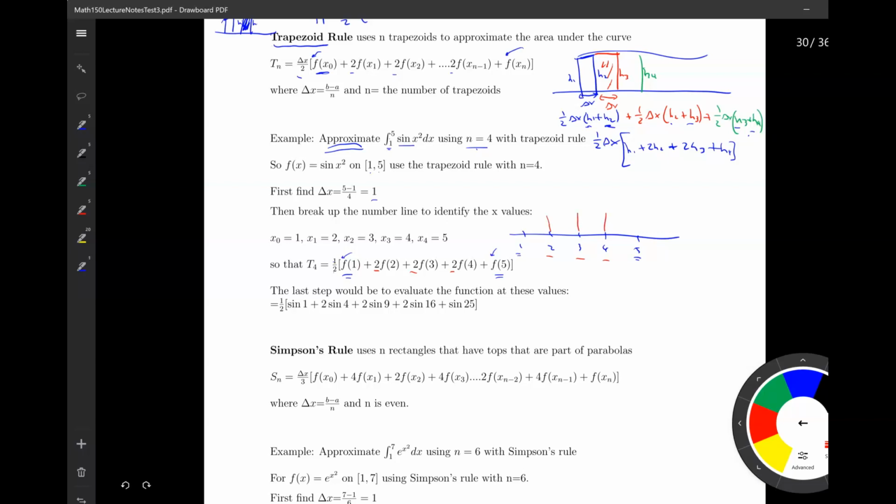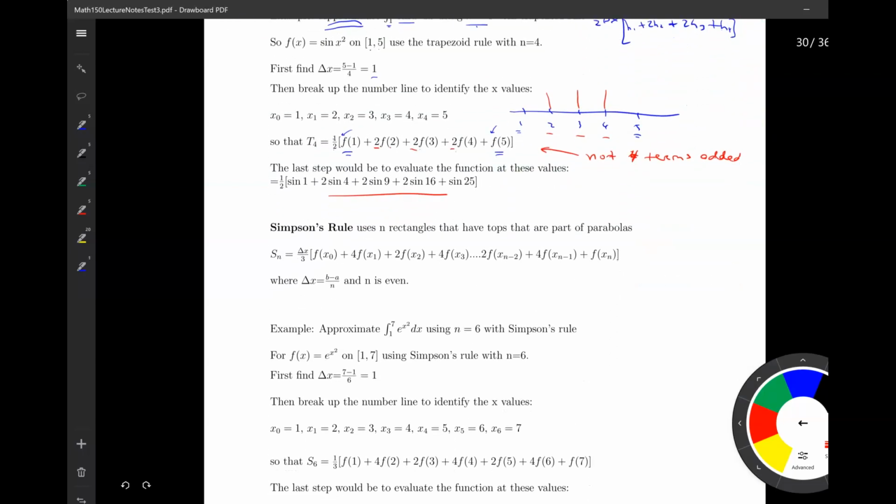So notice there are not 4 terms added, like adding up the area of 4 trapezoids. There are 5 terms, and it's because of the formula of how to find the area of trapezoids. So then the last step would be to plug 1, 2, 3, 4, and 5 into the function, and this would be a fine answer.